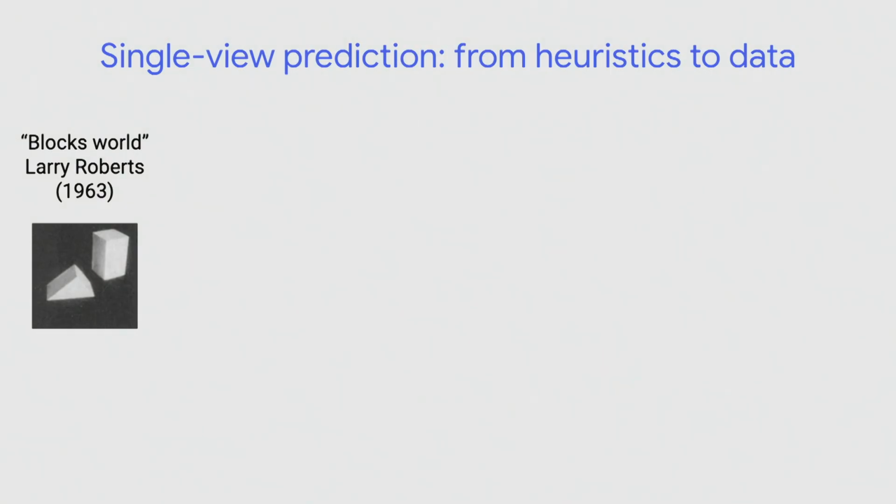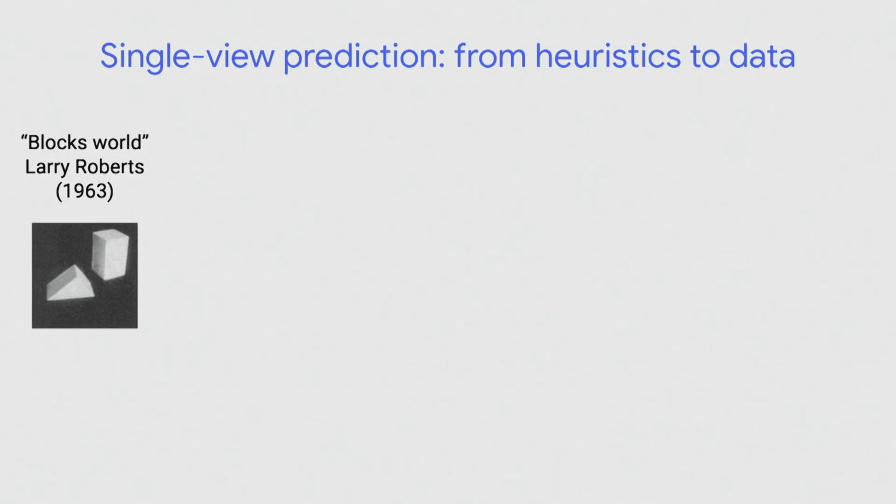This is potentially the oldest problem. I think it's the oldest problem in computer vision. It goes back to the 60s, and back when computers were fairly limited, the approach in the blocks world work was to imagine that the scene is composed of small geometric primitives, like triangular solids or rectangular solids, and the computer has a library of these things, and it tries to fit them to the scene.